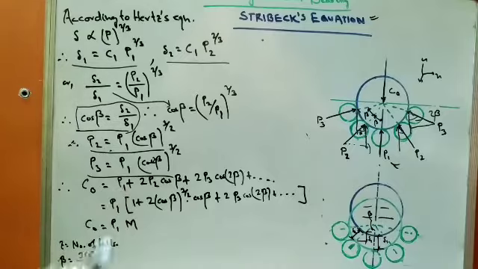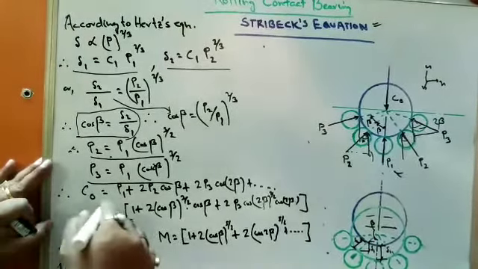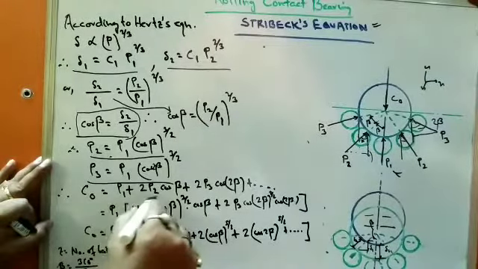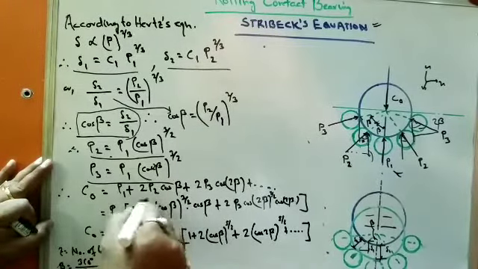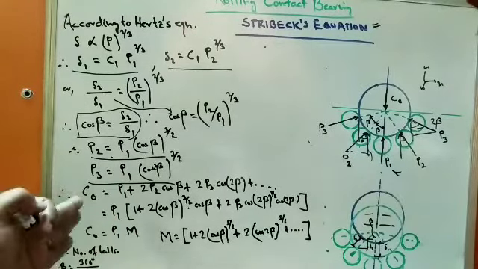Now if we put the value of C0 and transfer the values from here, we put in all the values converted into P1.